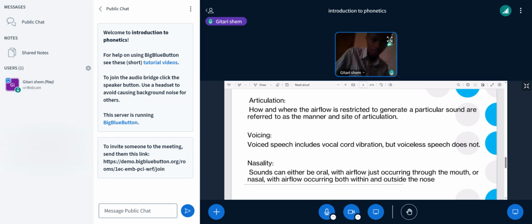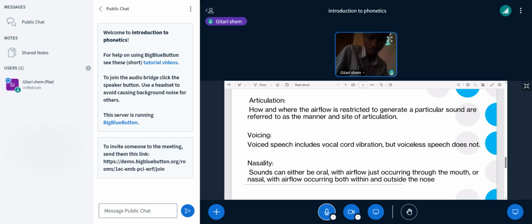Nasality. Sound can either be oral, with the airflow just occurring through the mouth, or nasal, with the airflow occurring both within and outside the nose. So this means oral sound comes from the mouth because this is where the airflow is restricted and where the airflow goes through, or nasal.